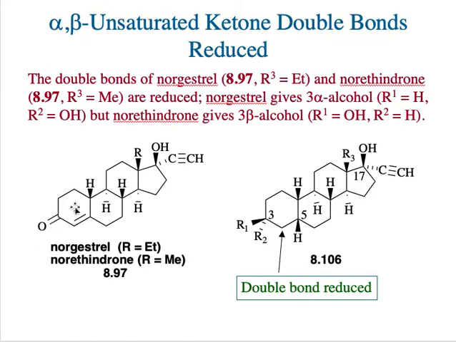We talked before that a lot of the steroids are going to hit aromatases, but they can also be reduced. Alpha beta unsaturated systems can also be reduced to the alcohols, and when they reduce the ketone, they can also reduce the double bond as well.